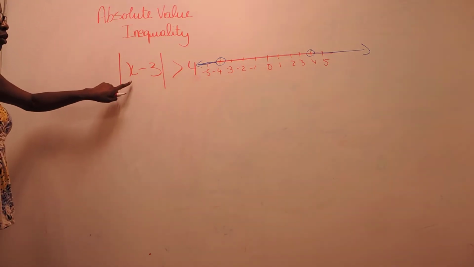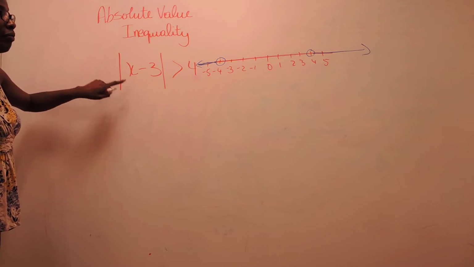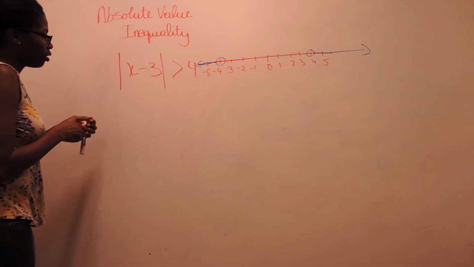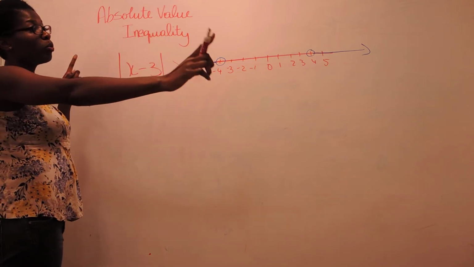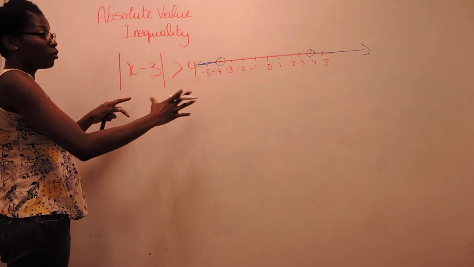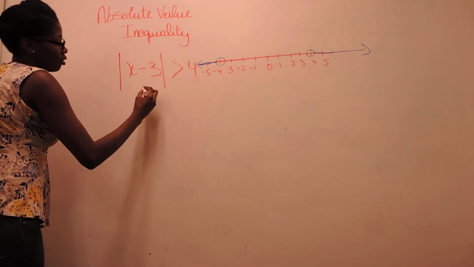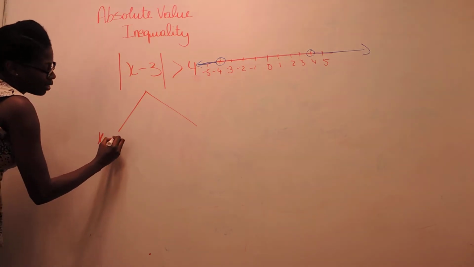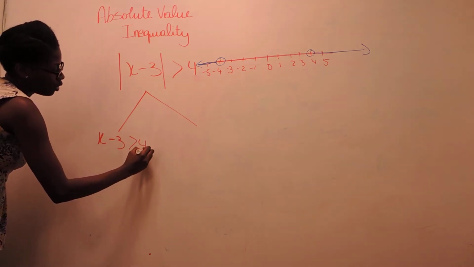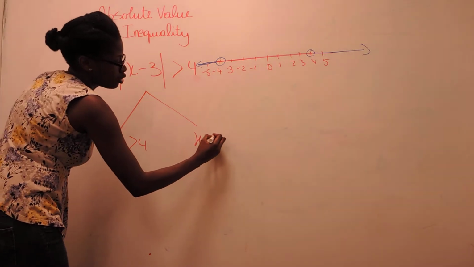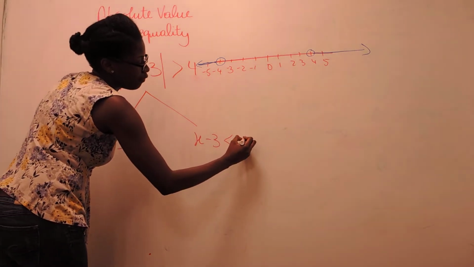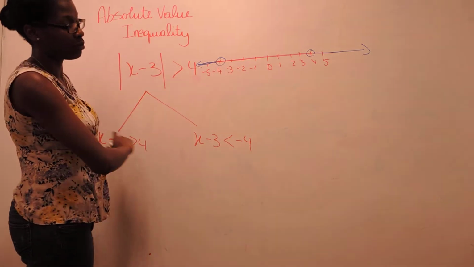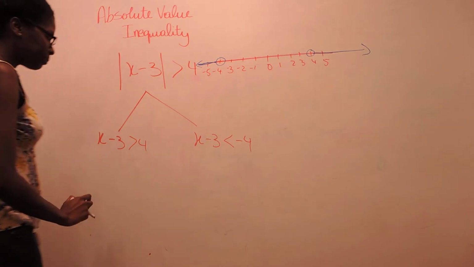So let's find the value of x that makes this statement true. Because we have two possibilities, we have to split it into two inequalities. So we can say x minus 3 is greater than 4, and x minus 3 is less than -4, as this makes sense with what we demonstrated on our number line.